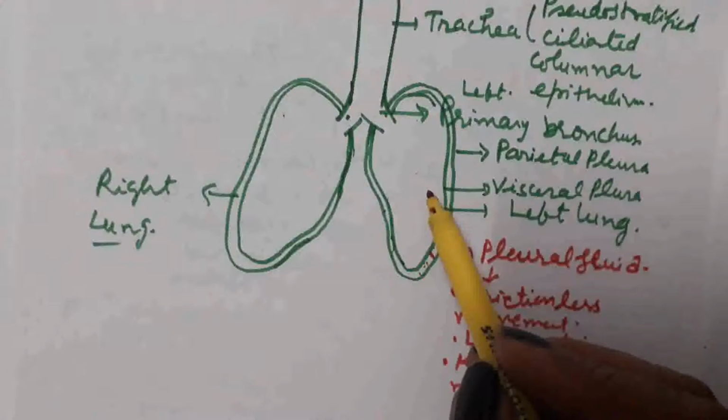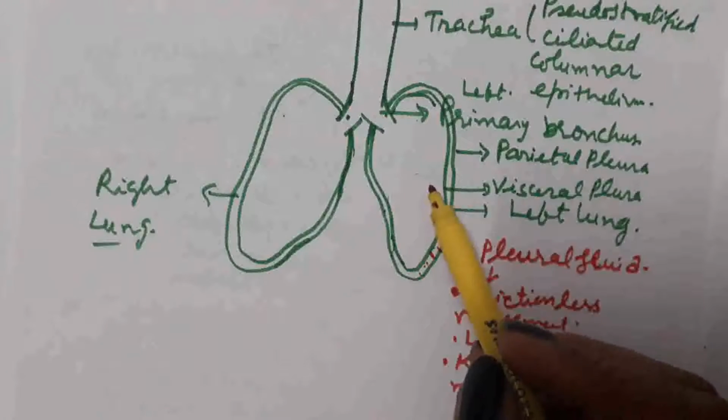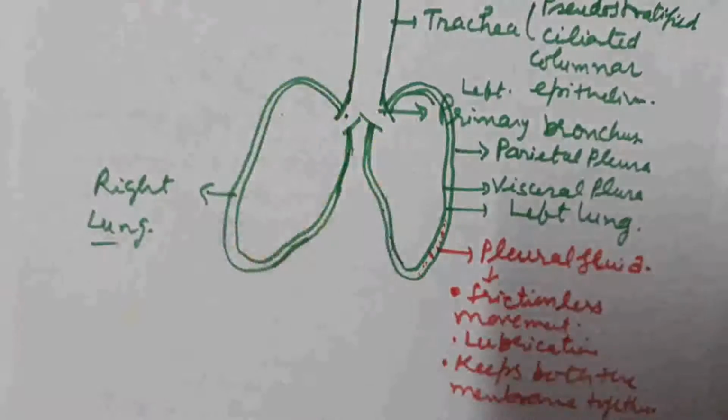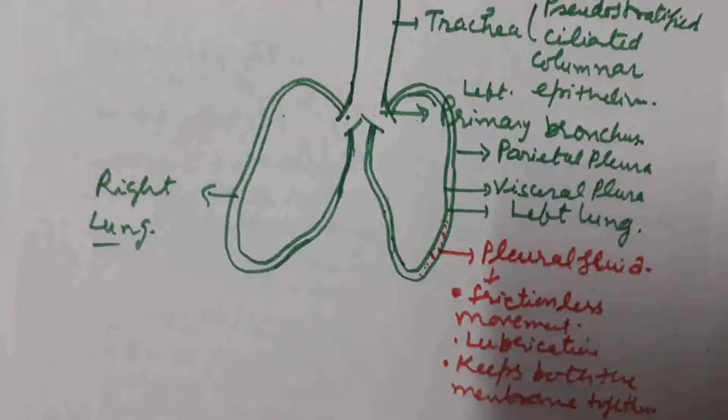That's why inhalation takes place and air present outside rushes into the lungs due to the decrease in air pressure inside the lung. So this is all related to the breathing mechanism, which we will discuss in our next video.